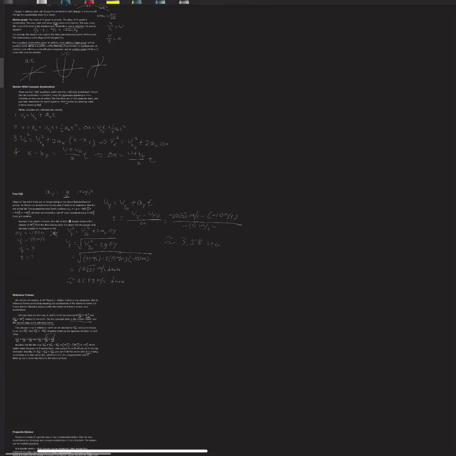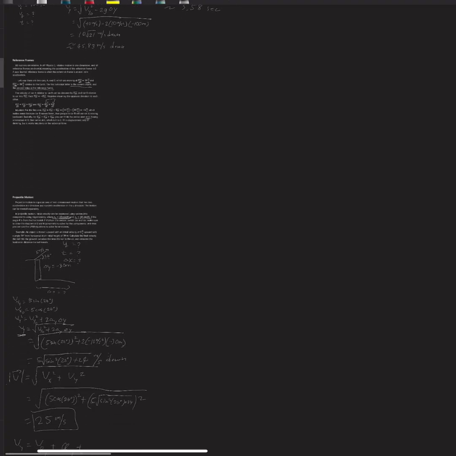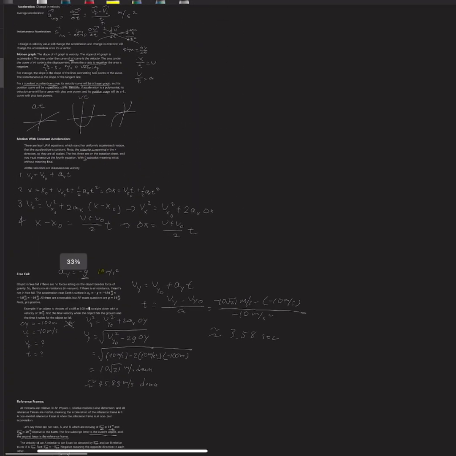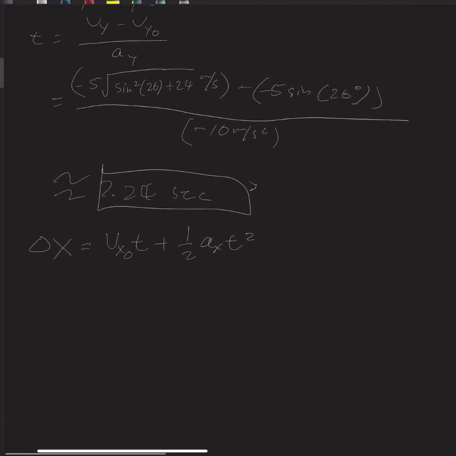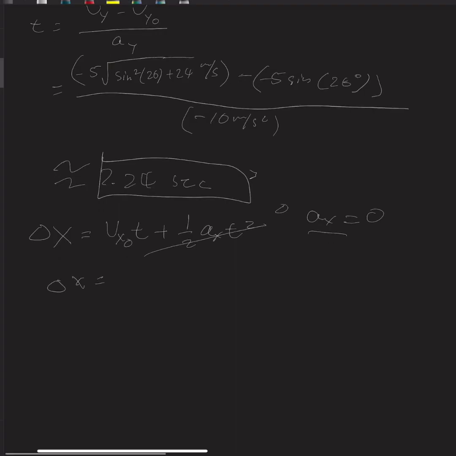I believe that is the fourth one. Let's see. No, it's the second one. The second equation. We know that the acceleration in the x direction equals 0 because there's no force acting on the projectile except for the force of gravity, which is pointing straight down. So acceleration in the x direction equals 0, so that whole term is 0. So delta x is equal to the initial x velocity times time.